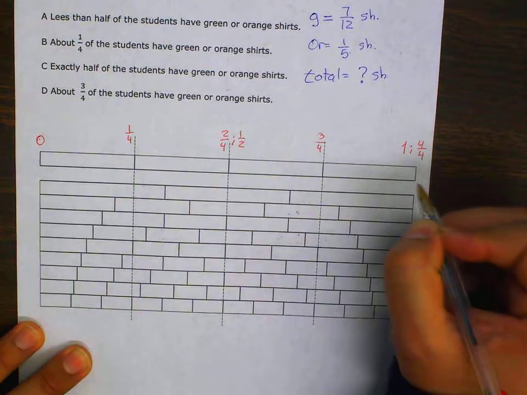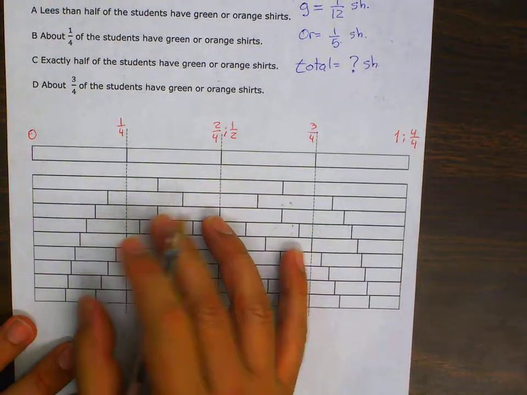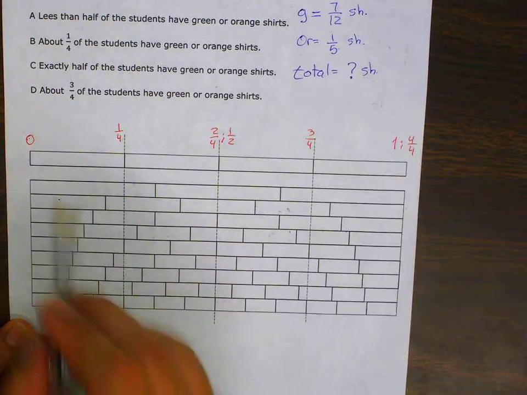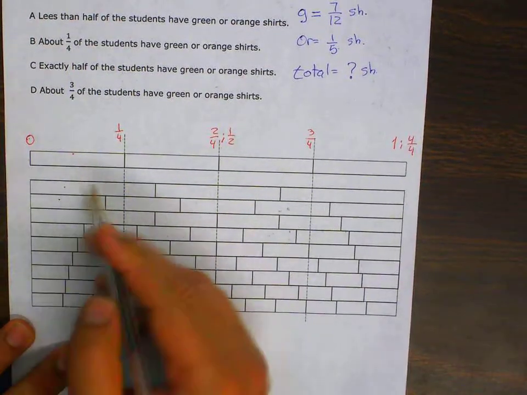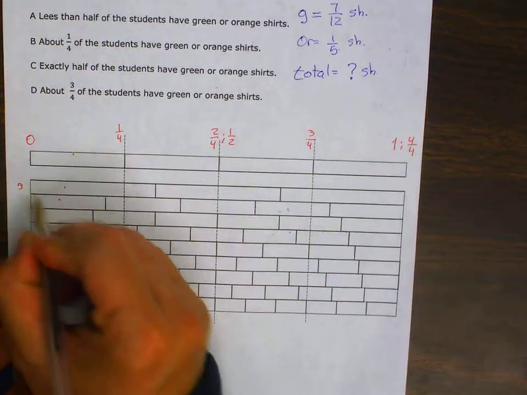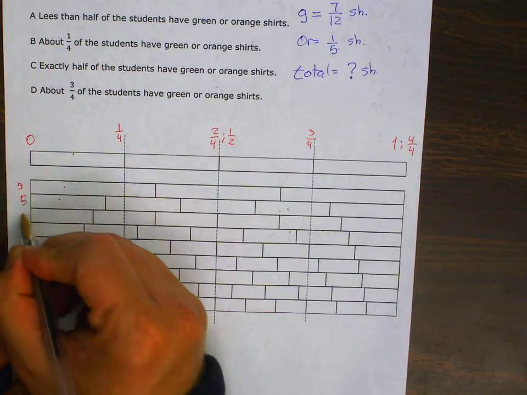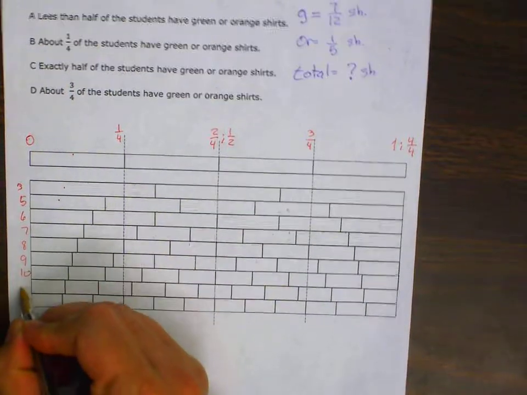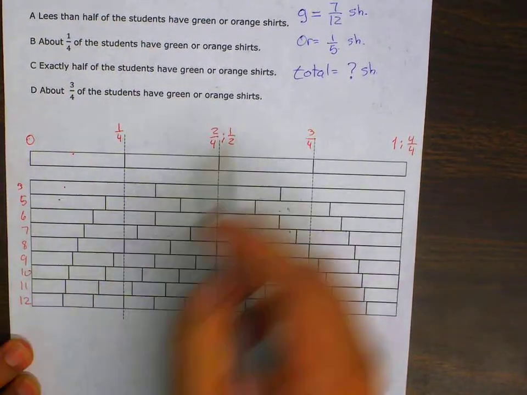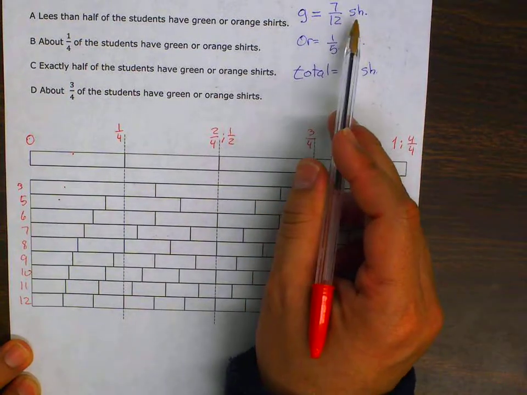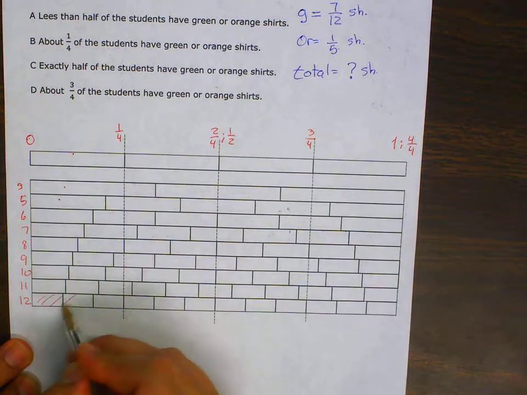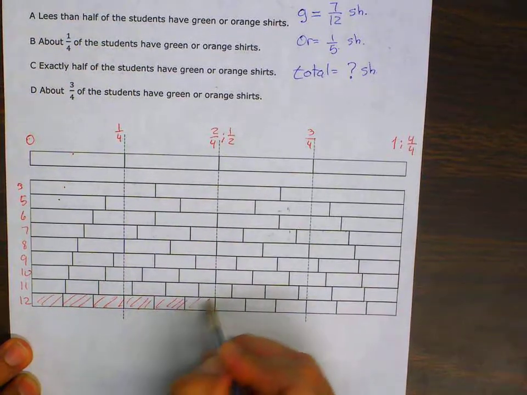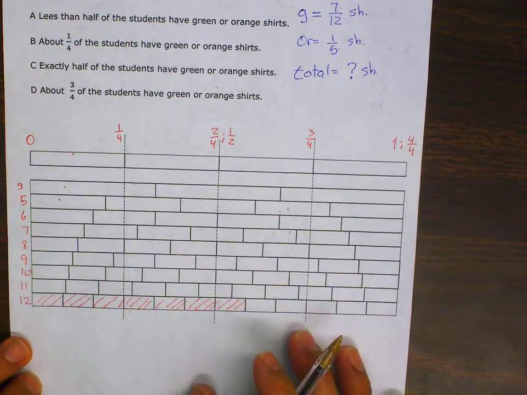This one is 3/4, and this is 4/4. Okay, so I know that the green is 7/12. So remember, these are fourths. This is 3/3, 5, 6, 7, 8, 9, 10, 11, and 12. So 7/12 have green shirts. So I'm going to go 1, 2, 3, 4, 5, 6, 7.